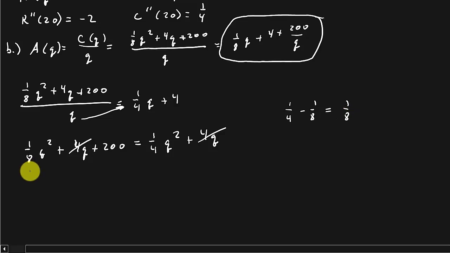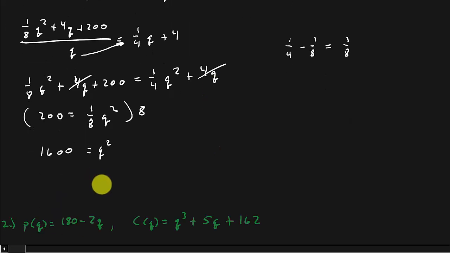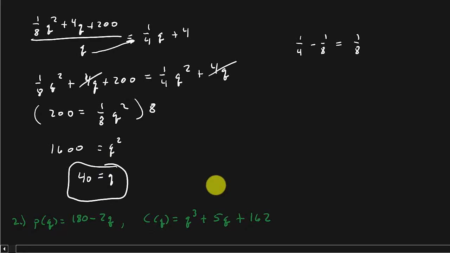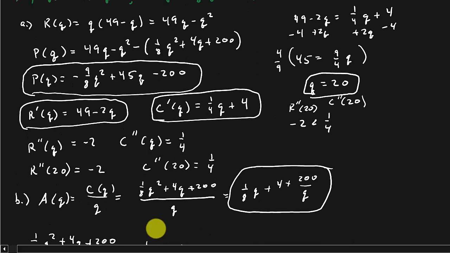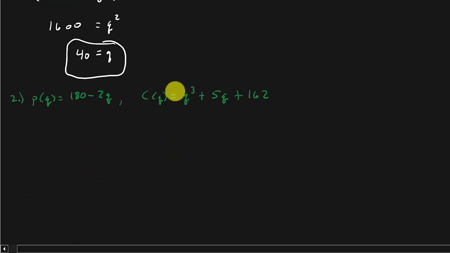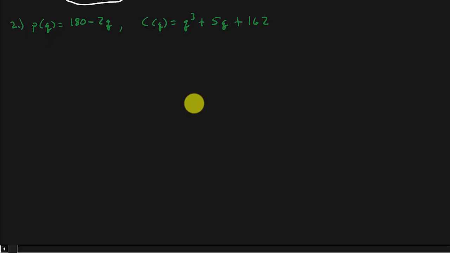So that is going to give us 200 equals 1/8 Q squared, multiplied through by 8. So I get Q squared equals 1600. And so I get Q is equal to the square root of that, which is 40. And there's your answer. So, I mean, you can see it's not too bad. Okay. It's quite a bit of work, but it's not bad at all.